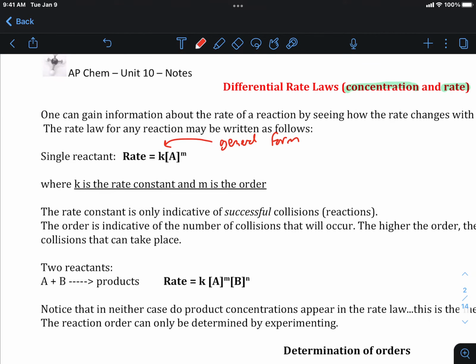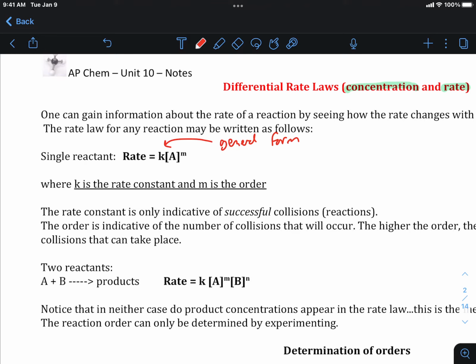Rate is equal to some constant multiplied by the reactant that is raised to some order. We use the variable m as the order of the first reactant. Okay, so what we need to do is carry out some experiments, and ultimately we need to figure out what these variables are so that we can use the rate law for calculation.